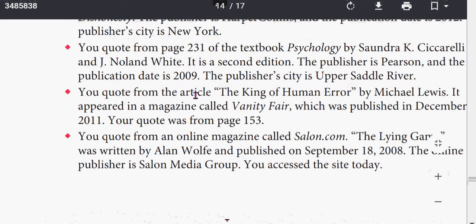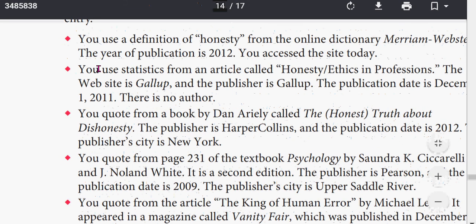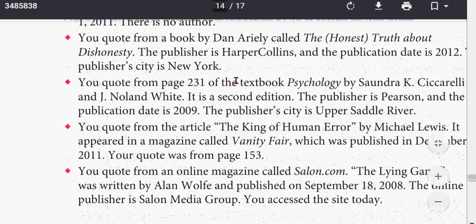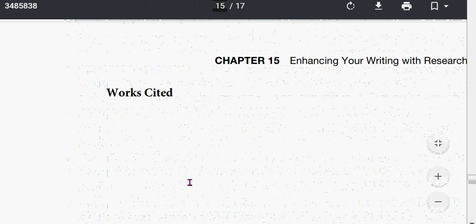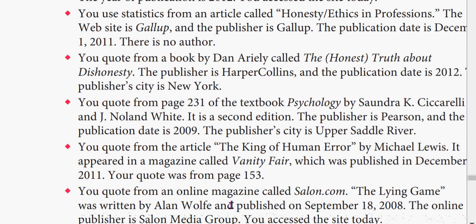So please try your best to take these citation information, 1, 2, 3, 4, 5, 6, take the information out of here and organize them in order A, B, C, D according to author's last name or title.